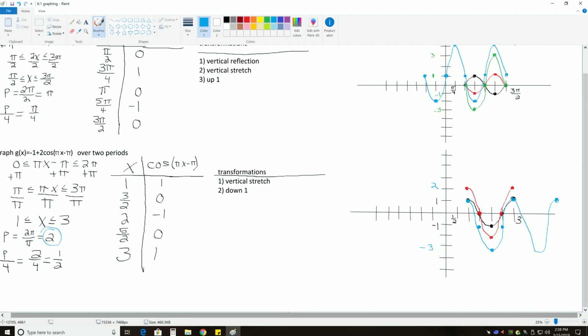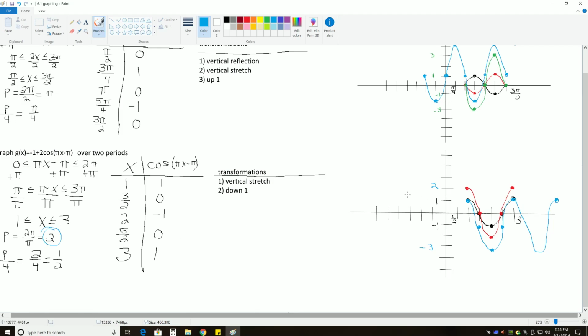I didn't edit out this mistake that I made earlier where I started at 1/2, because I want to show you all that when you're going through this, if you notice your last point is not where it should be, like how we were supposed to have a point at 3, 1, and my point, if you remember, would have been at 5/2, 1, that's a general idea to know that you're doing something wrong.